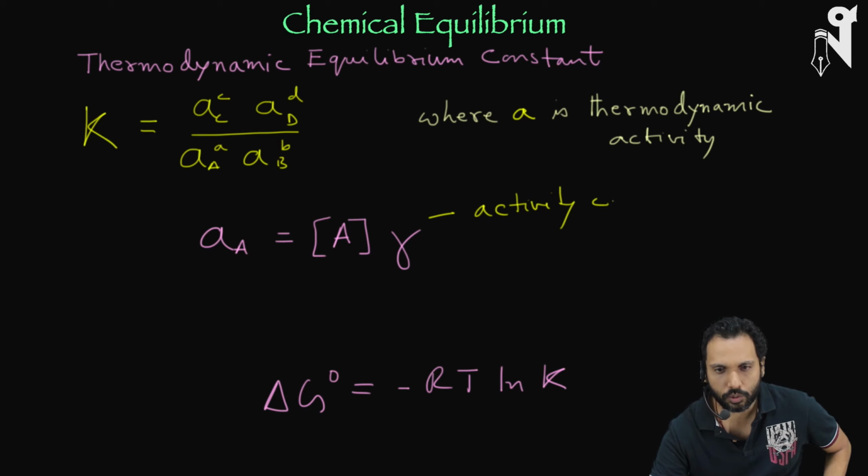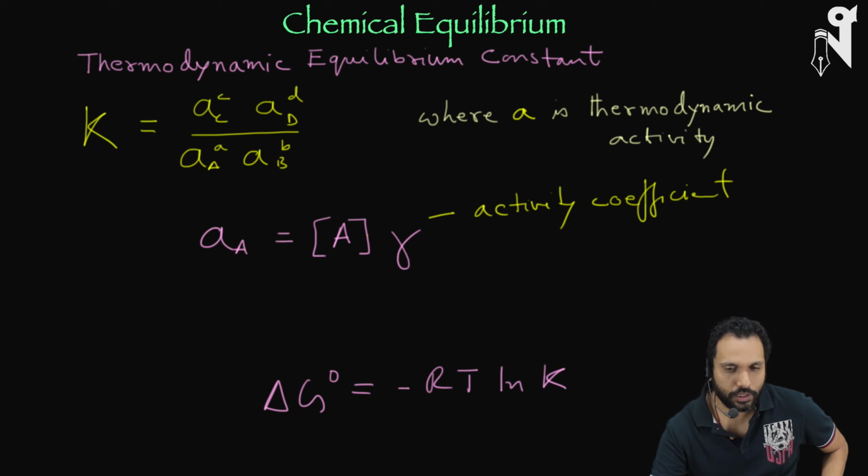I'm sorry, not quotient, coefficient. When you multiply the activity coefficient of A with the concentration, you get the activity of A, which goes into the formula of K, the equilibrium constant.